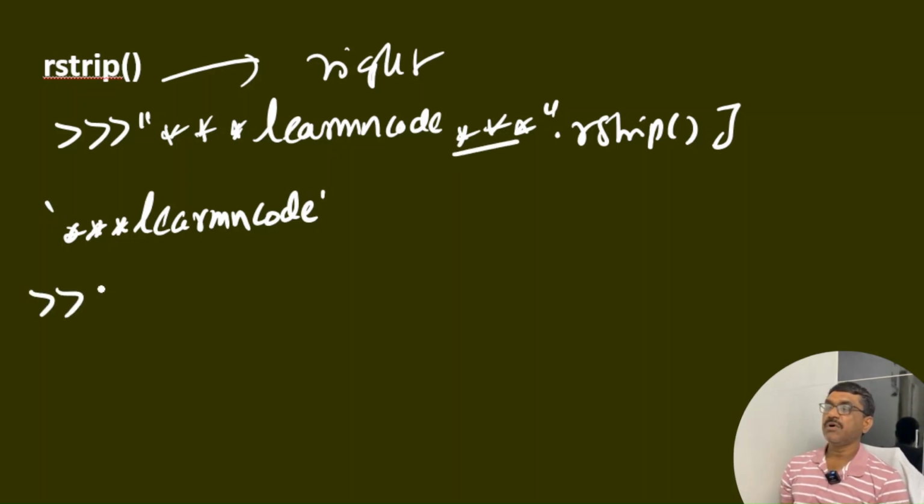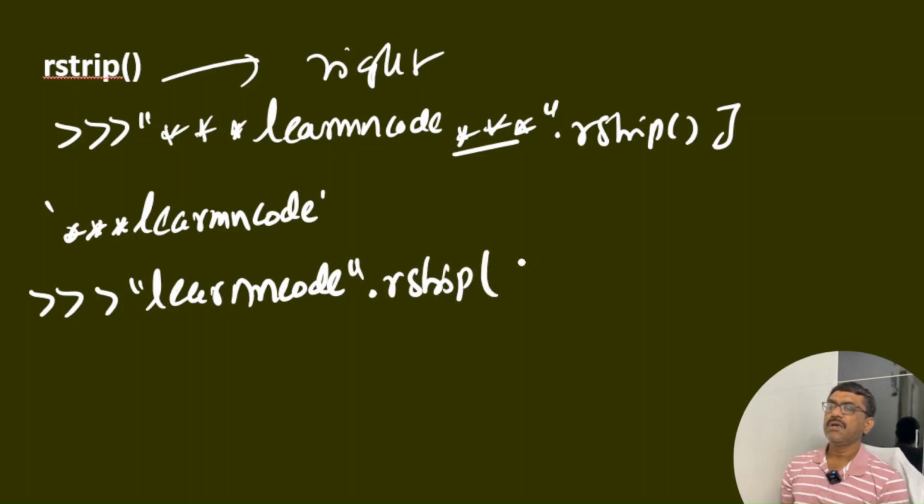Similarly, when you talk about it like this, learn and code, double quotes, here dot rstrip, and here I'm going to use the characters DE. In this case, what happened when you press the enter key? It is the right strip, right? If it is lstrip, it is going to search from the leading space, so from the beginning.